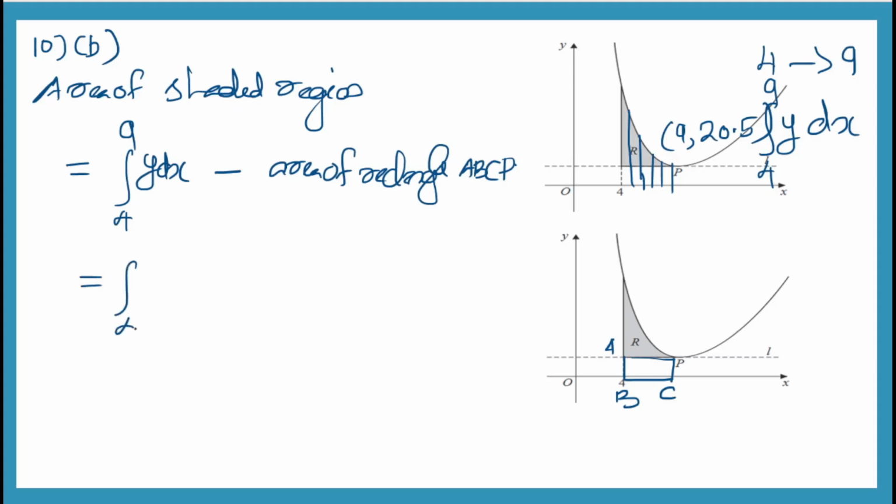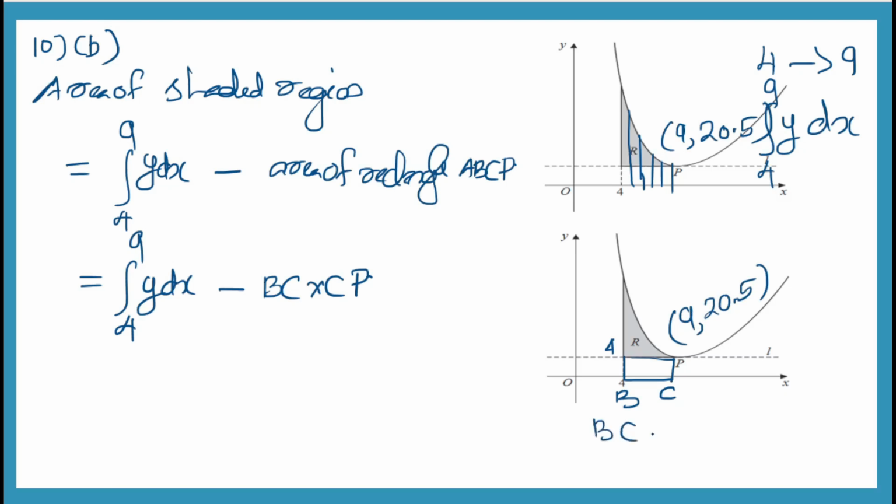That equals integral 4 to 9 y dx minus BC times CP. Since the coordinates of P equals 9, 20.5, BC equals 9 minus 4, that equals 5. CP equals y coordinate of P, that equals 20.5.